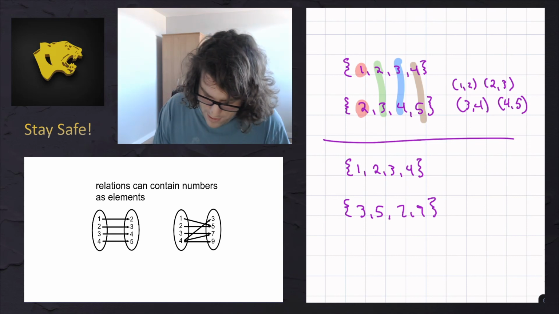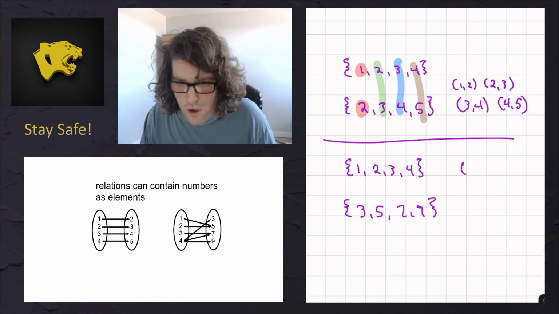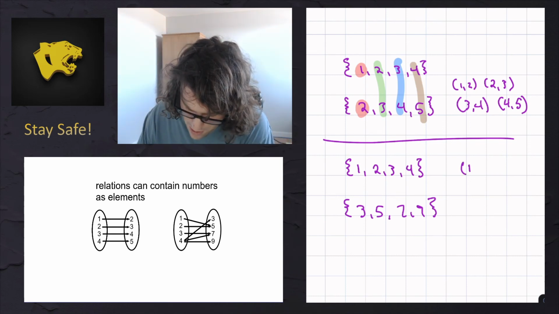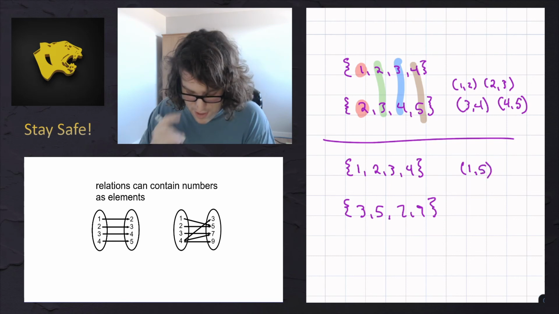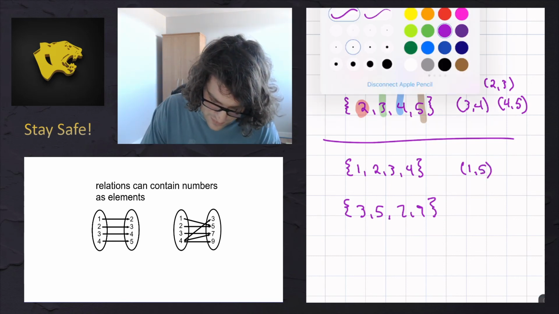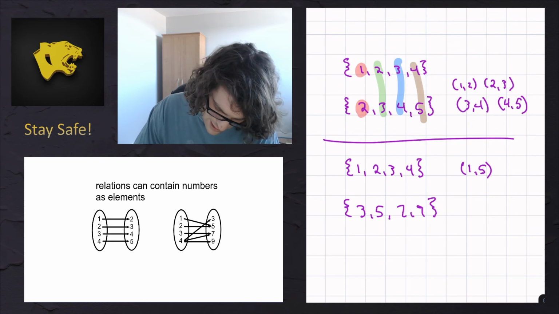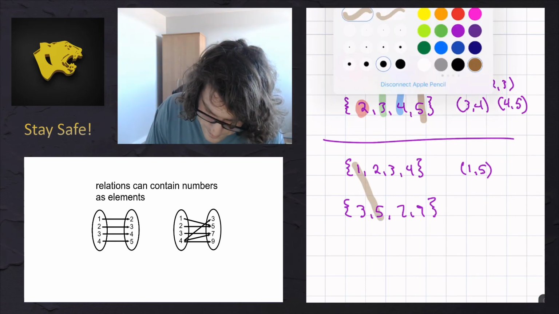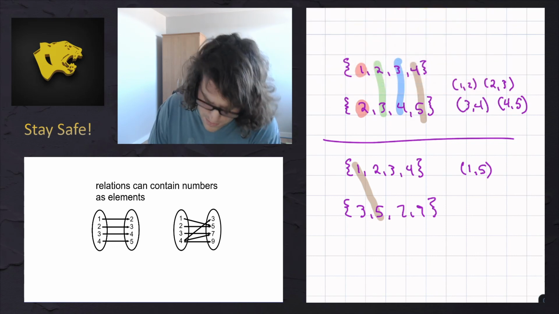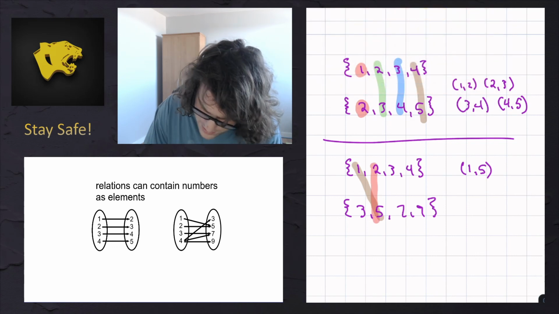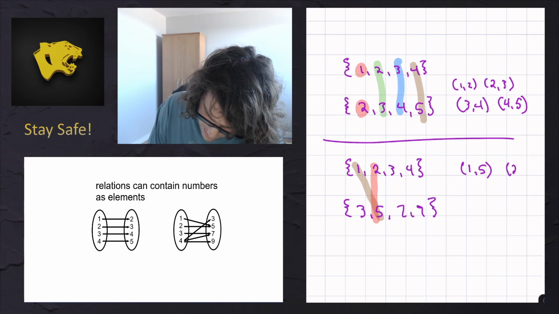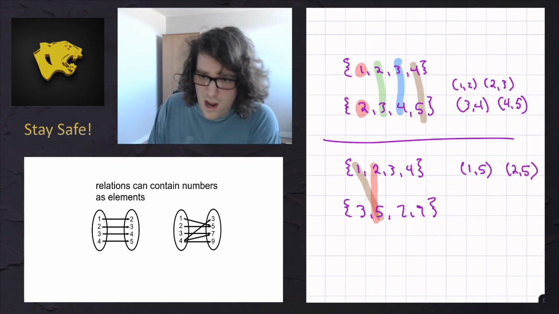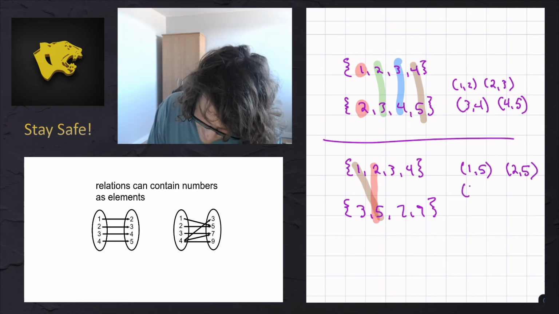But for the ordered pairs this time, I have to be careful and follow my arrows. So 1 is related to 5, and that is kind of like this relationship right here. Those two are linked. And then 2 is also related to 5, so I have an ordered pair of (2, 5). I also have (3, 7).